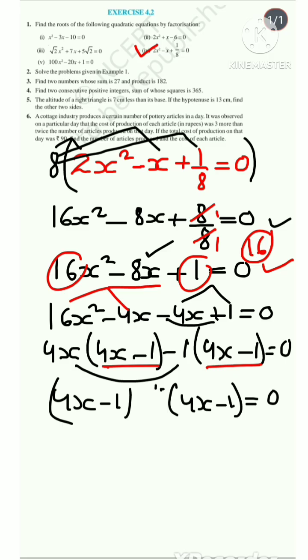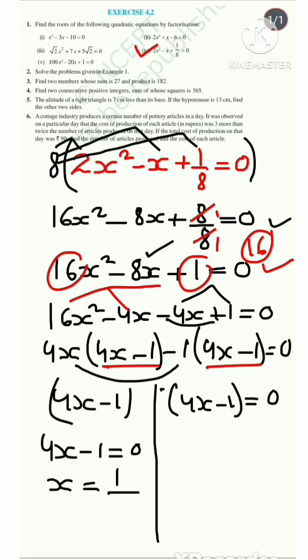Now make 4x minus 1 equal to 0, then we obtain the first root of this equation, x equal to, firstly this minus 1 goes to RHS and becomes plus 1, and this 4 also goes to RHS over here. In this way we have obtained the first value of x, that is 1 by 4.